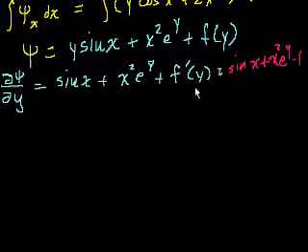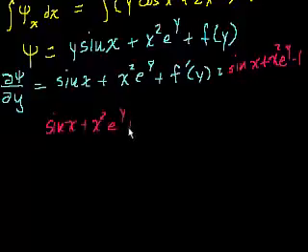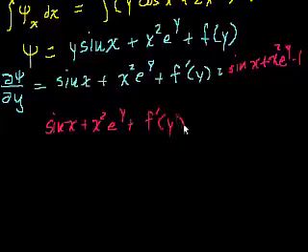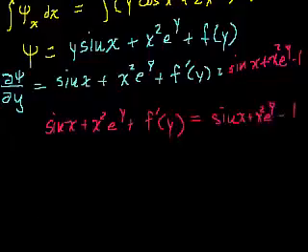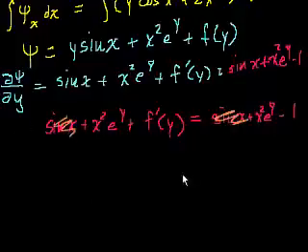And now we can solve for f prime of y. So we get sine of x plus x squared e to the y plus f prime of y is equal to sine of x plus x squared e to the y minus 1. We can delete sine of x from both sides, and we can delete x squared e to the y from both sides.